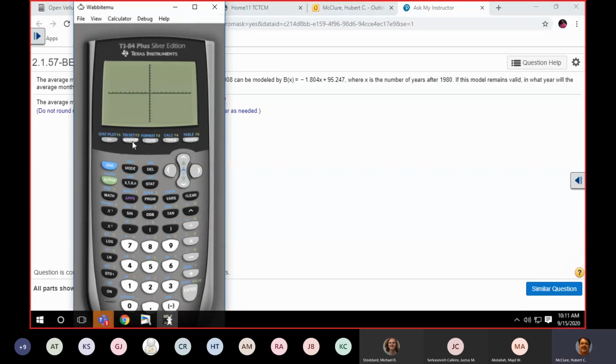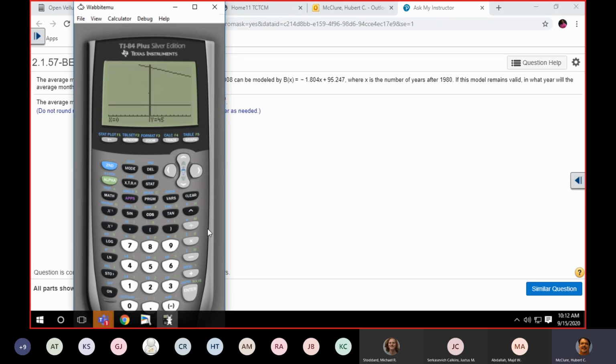Okay, I got to adjust my window. Hold on. I know my Y-intercept has got to be at least 100. So I'm going to put Y max 100. And graph. There we go. Okay, well, we're going to have to move over. So window, I'm going to zoom out 3.